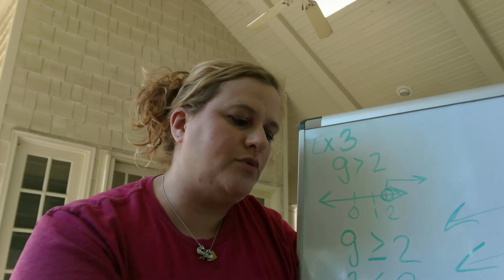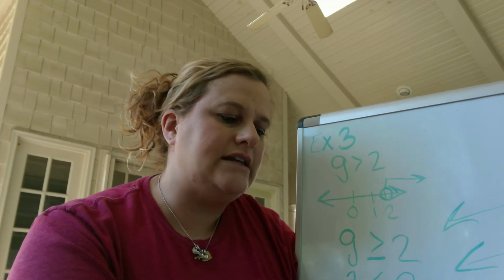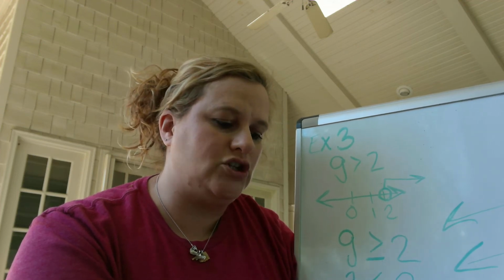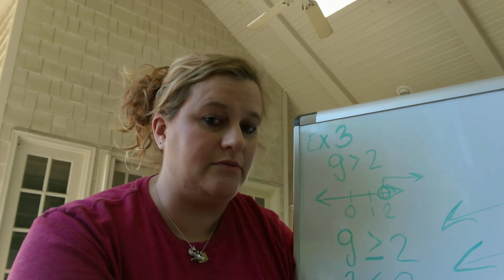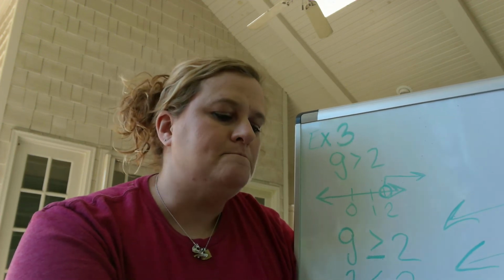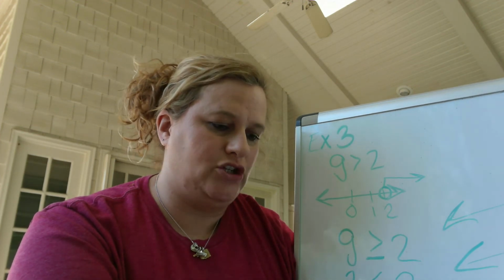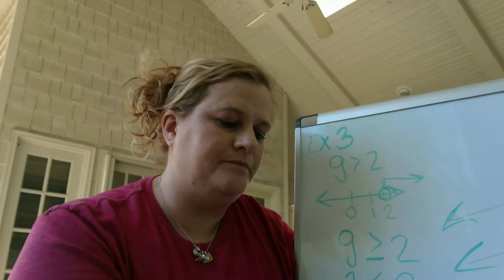So for 18 and 20, you're literally just going to look at 18 and decide which graph would show x is less than 2. Now remember, that doesn't have a less than or equal to, so that's going to be an open circle. And then 20 is x is less than or equal to -2. That tells me less than or equal to, it's going to be a closed circle.